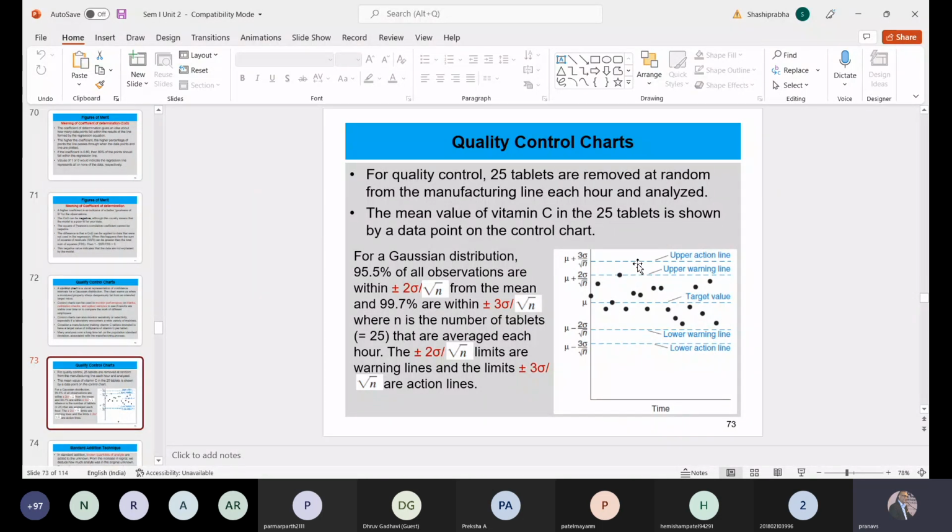The other two boundaries, the upper action line and the lower action line, suggest that if something goes beyond these two lines, it is going beyond the Gaussian distribution.